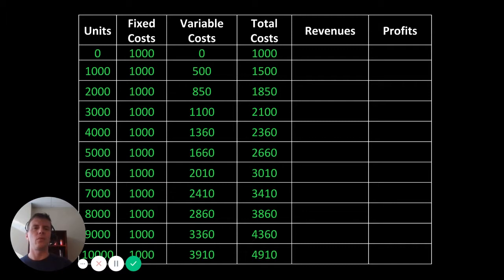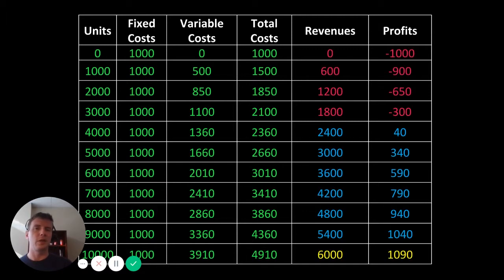Revenues, remember, are just the number of units that you're producing times the price. Every row is associated with a different number of units, and we get 60 cents per unit.